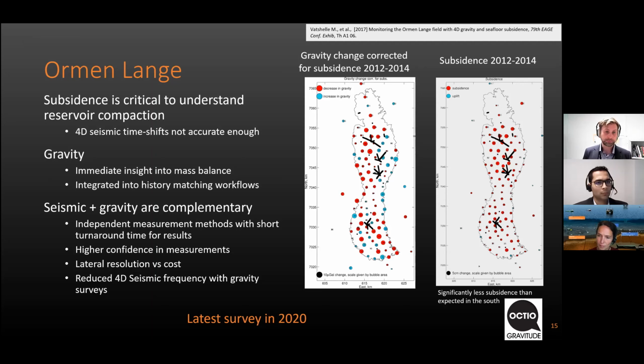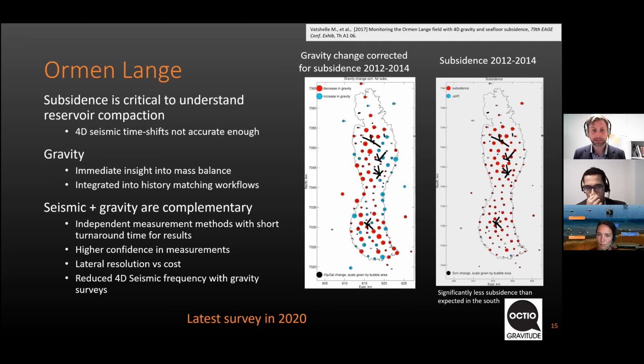One of the things that is quite interesting is that by using 4D gravity and subsidence monitoring on Ormen Lange, the operator is able to reduce the frequency of acquiring 4D seismic, meaning there is a larger distance in time between each acquisition.